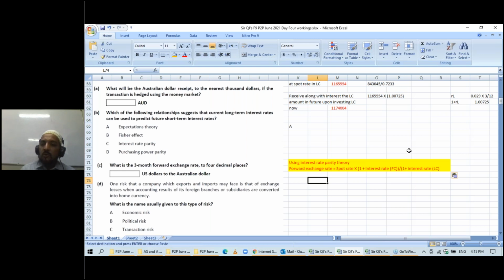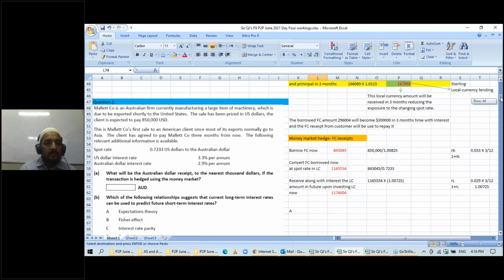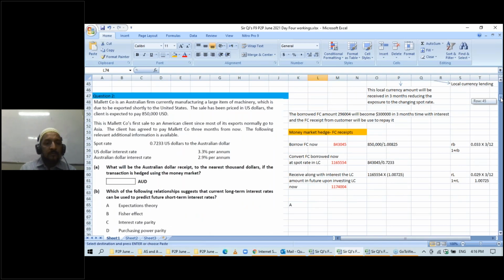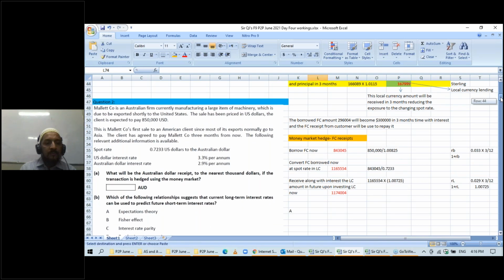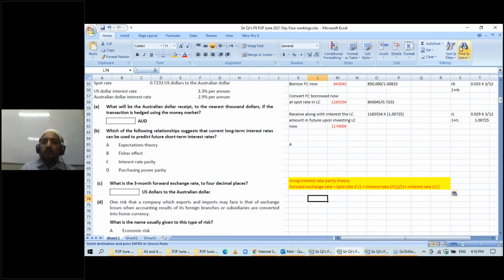Use those interest rates to calculate the forward rate first, and then convert the foreign currency amount into the local currency, which will occur in the future. The foreign currency over here in this question is US dollars.